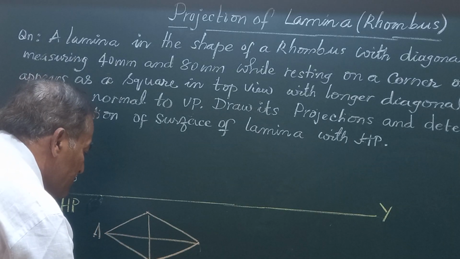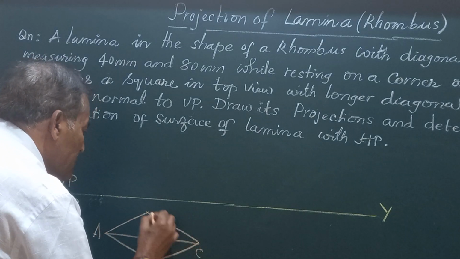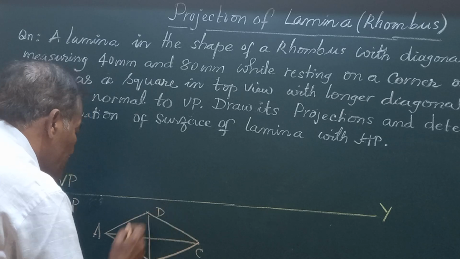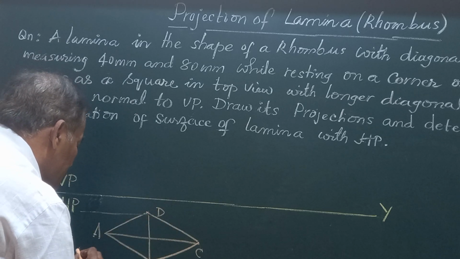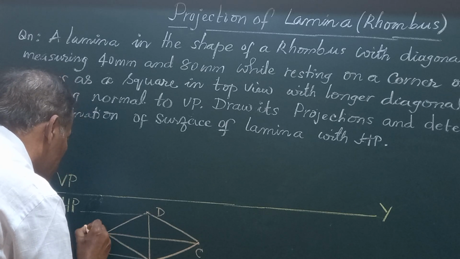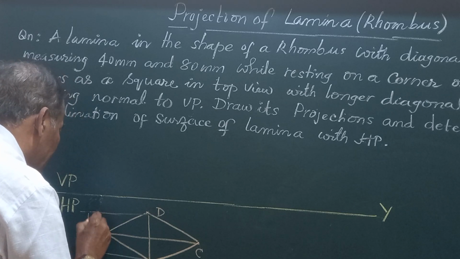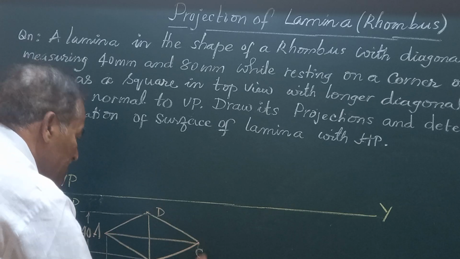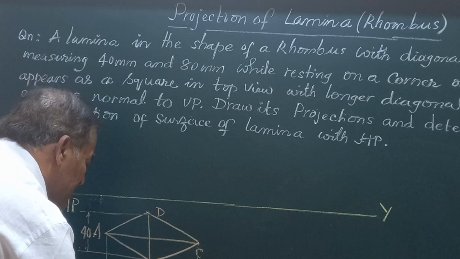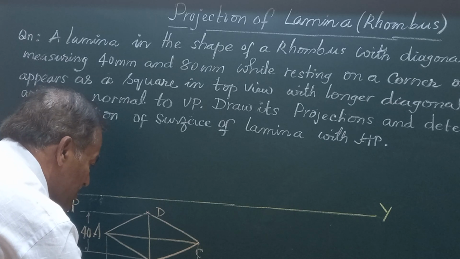This is A, B, C and this is D. And here friends, the shorter diagonal BD measures 40 mm and the longer diagonal AC measures 80 mm.